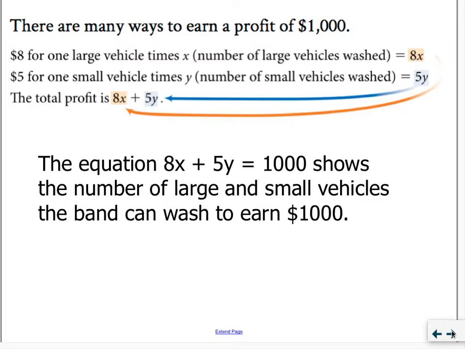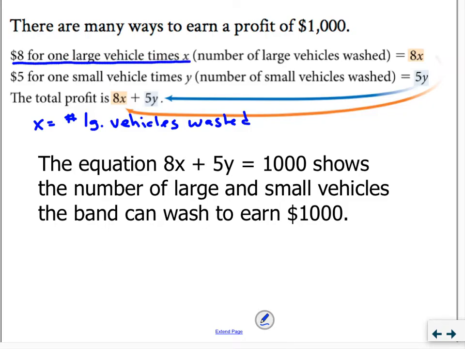Because there are so many different ways to earn a $1,000 profit, what we're going to say is, if we start with the large vehicles, that X is going to represent the number of large vehicles washed. Then it would make sense that if we multiplied $8 per vehicle times X, we would get the expression 8X.